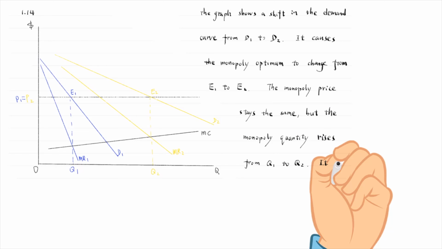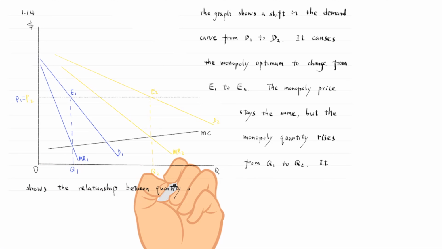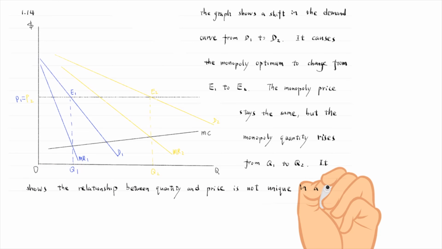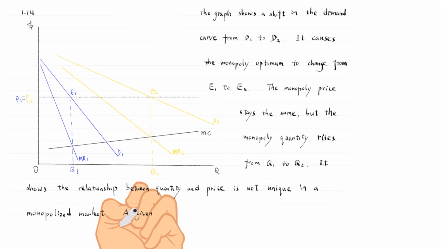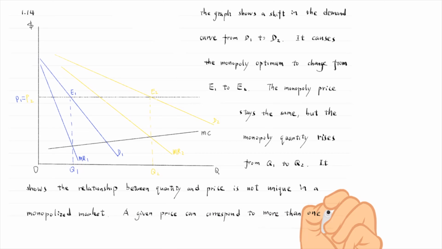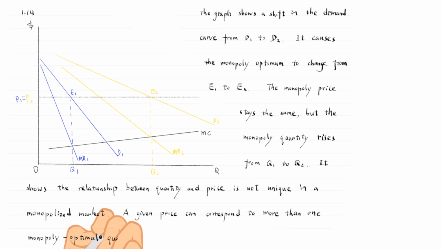It illustrates the relationship between quantity and price is not unique in a monopolized market. A given price can correspond to more than one monopoly optimal quantity when demand changes.